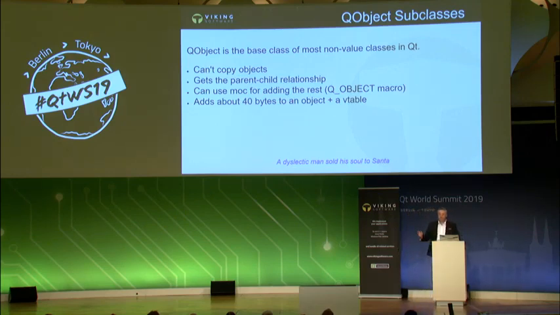It's about 40 bytes and a vtable. I don't care. If it's a QObject, then make it a QObject. Don't go into the hole of not making something a QObject because there is a price to pay. The price is so small that if it should be a QObject, then make it a QObject.